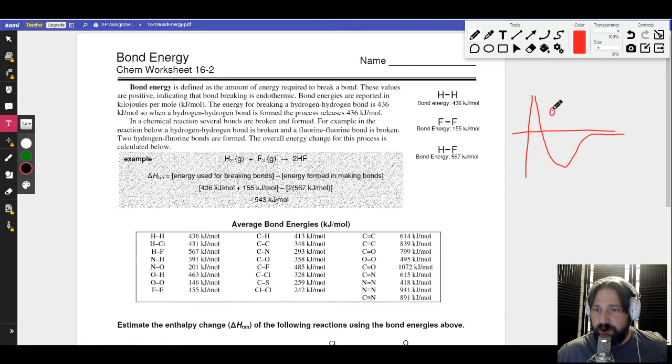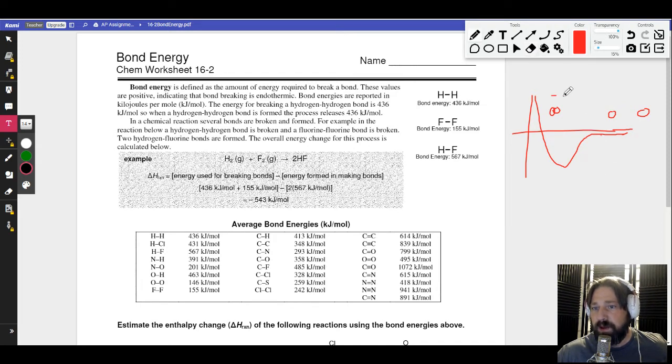So this is where you have the bond, and over here is where you don't have the bond, right? So if I'm forming the bond, what's happening? It's going down. This is a negative number. So that means energy is leaving, exiting the reaction. It's an exothermic process.